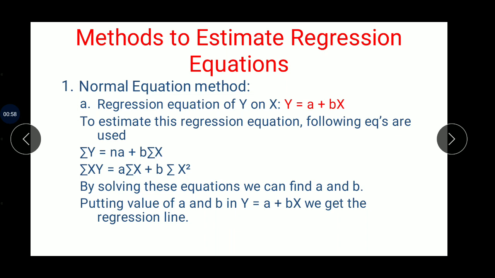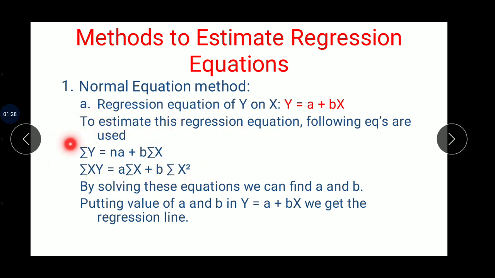The first method is the normal equation method. In this method, we suppose that the regression line of y on x is given by y = a + bx. We calculate summation y, summation x, summation xy, and summation x square, and we put everything in this formula.